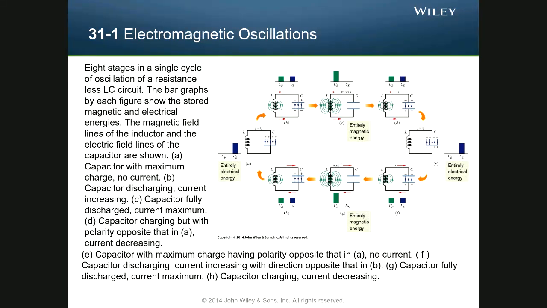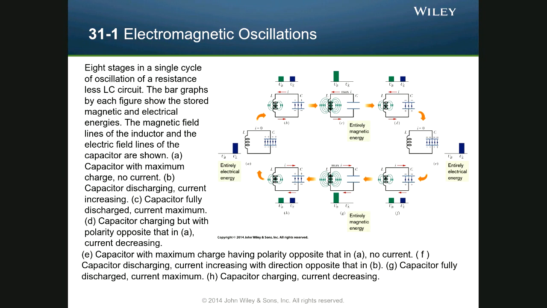But it's now going to change and slow down a little bit, and so the magnetic field is going to decrease as well, but now that current is going to pile up the positive charges on this plate and the negative charges on the opposite plate, and that'll make us look like we got to the same thing, right?